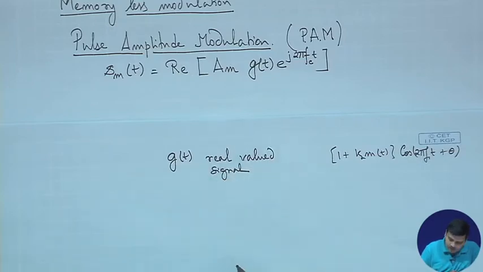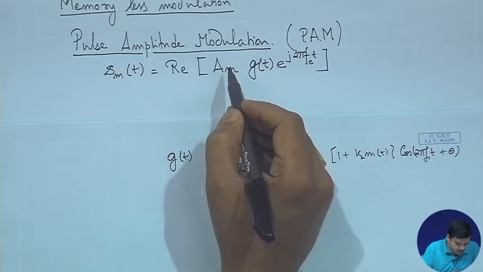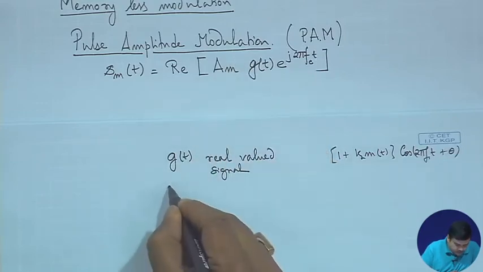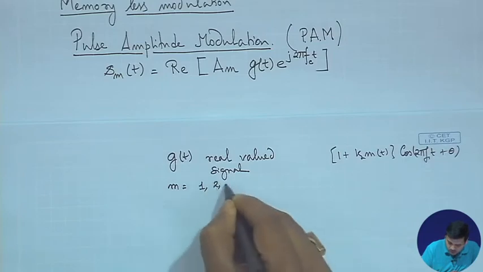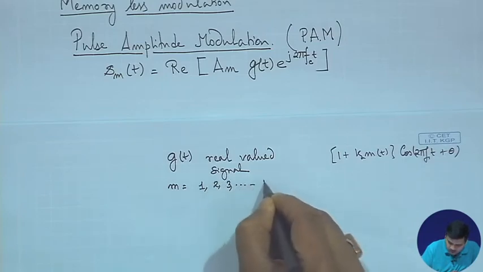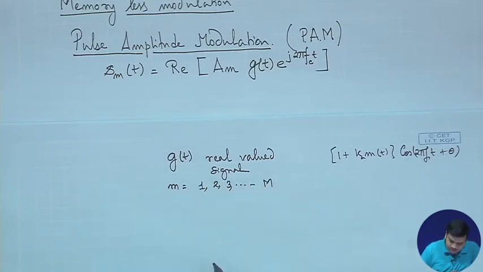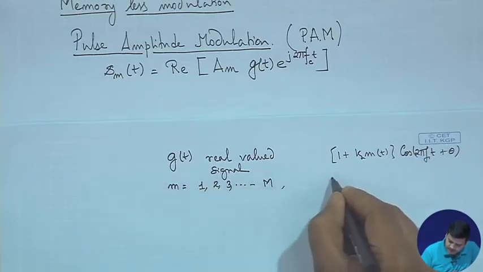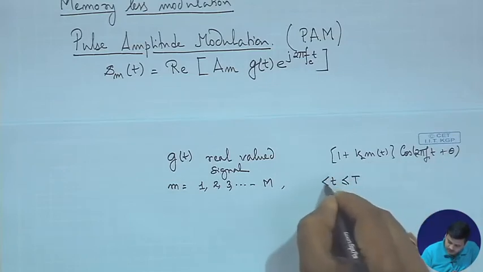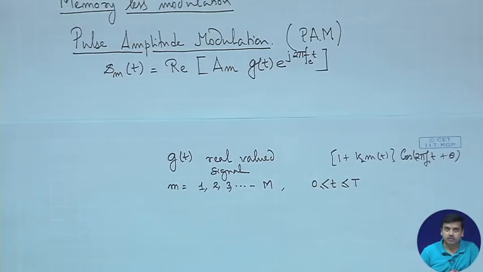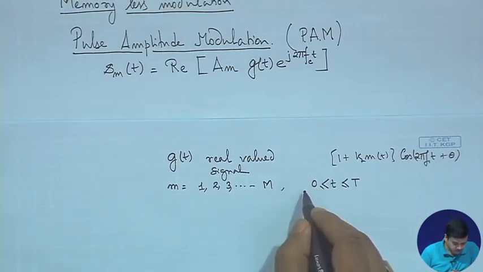So, Am is the amplitude, where m takes on values 1, 2, 3, up to capital M, and this notation is valid for time less than or equal to capital T, which is greater than or equal to 0. We will shortly explain this.